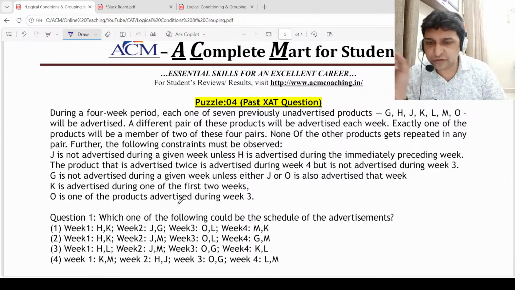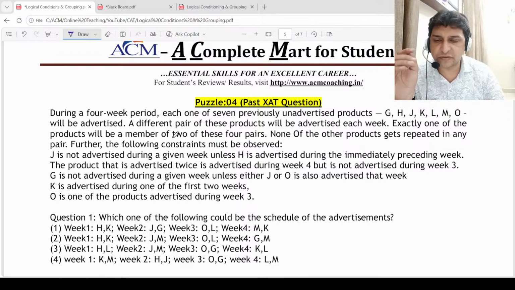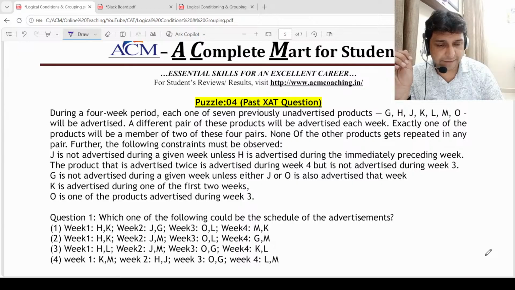A different pair of these products will be advertised each week, but there are 7. Exactly one of the products will be a member of 2 of these 4 pairs, so none of the other products get repeated in any pair. Further, the following constraints must be observed.